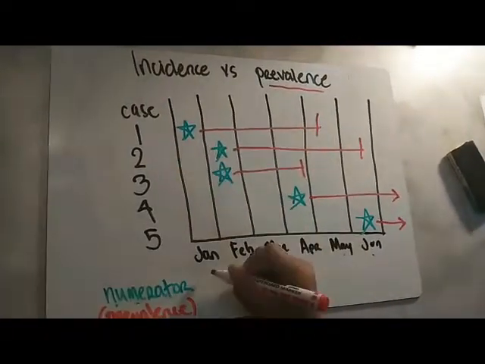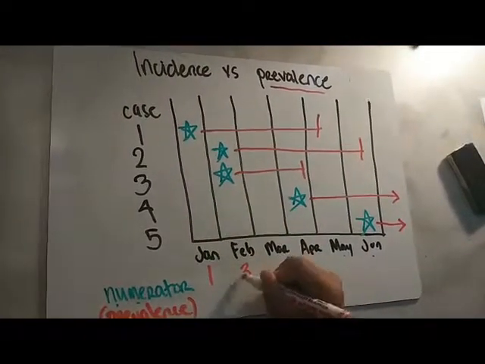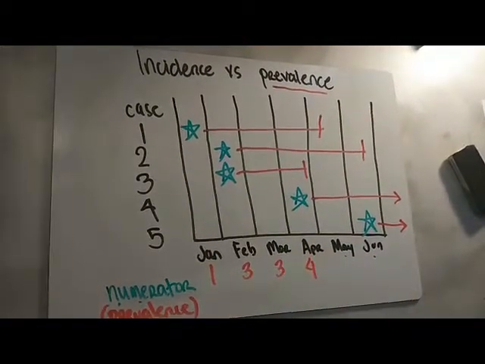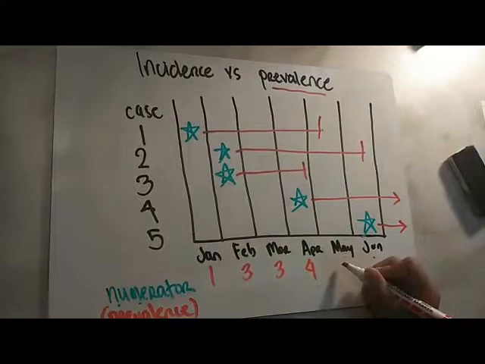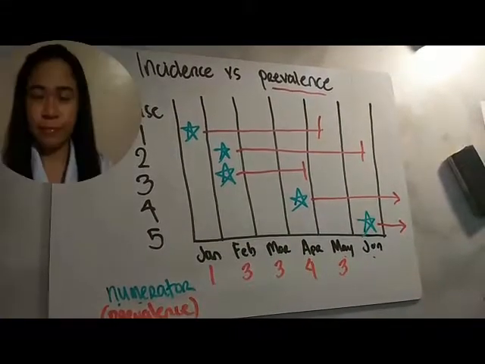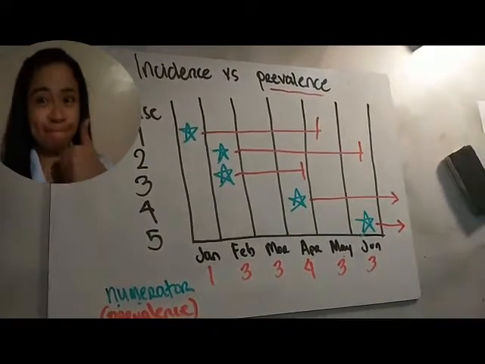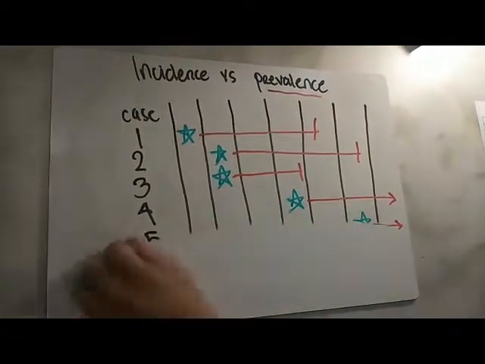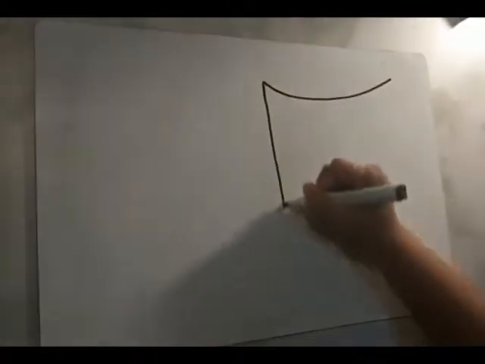Again, let's focus on the numerator during each month. We have 1 case in January, 3 cases in February, 3 cases in March, 4 in April, 3 in May, and June. So prevalence is determined by how many people join the prevalence pool, or the incidence, and how many leave the prevalence pool through death or cure.